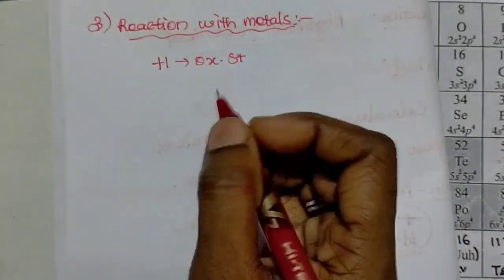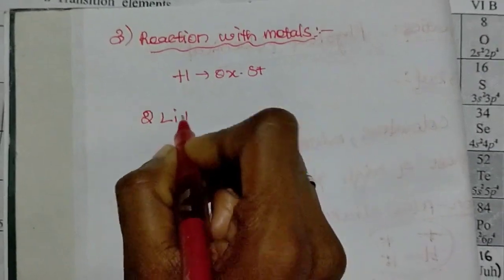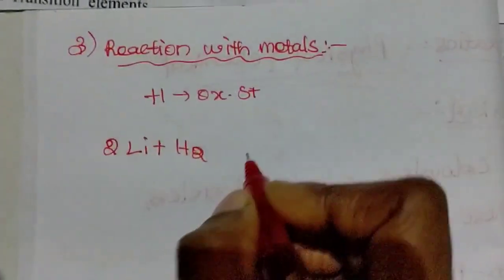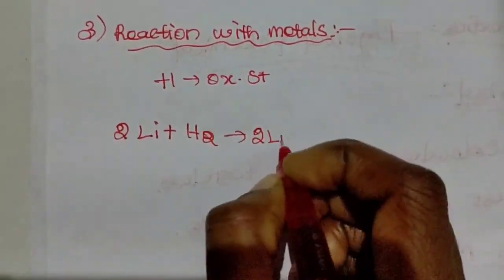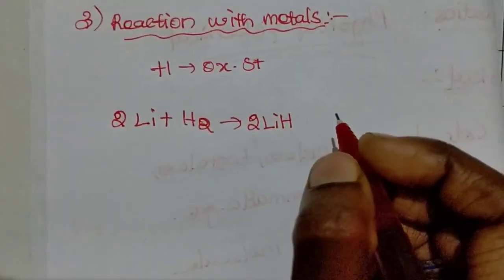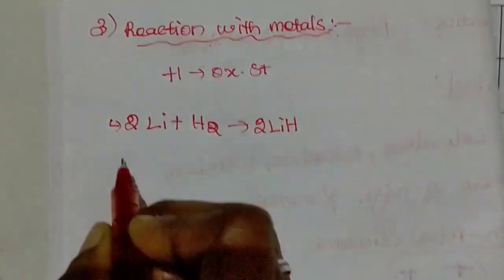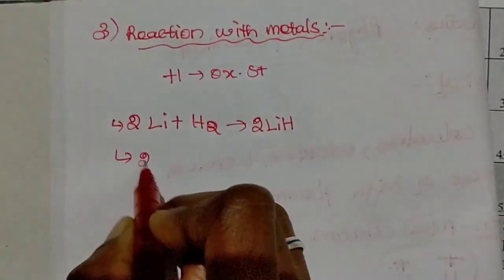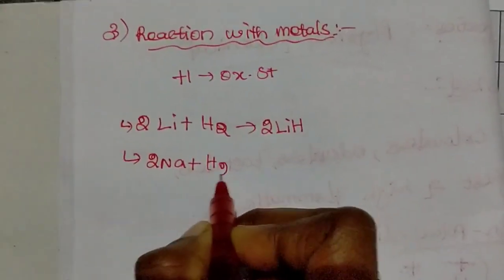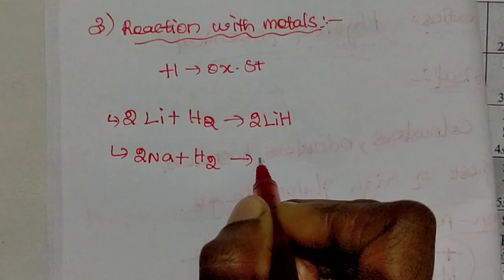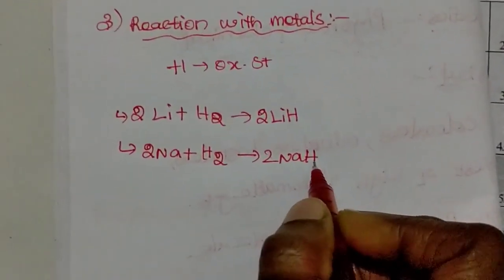For example, 2 lithium is combined with H2, a molecule of hydrogen, and it produces lithium hydride. Two sodium, a reactive metal, combined with hydrogen, produces 2NaH, sodium hydride.